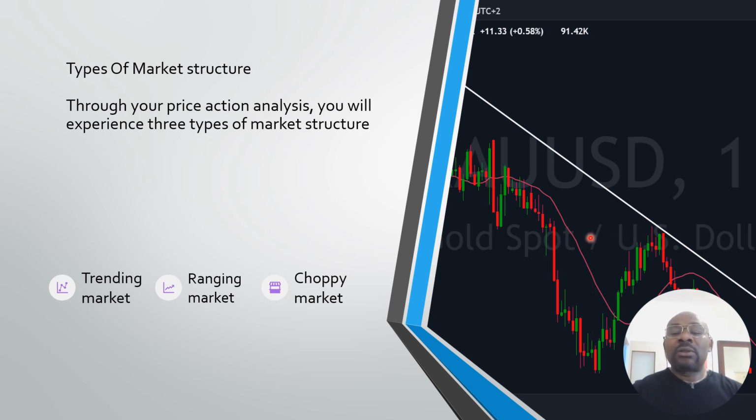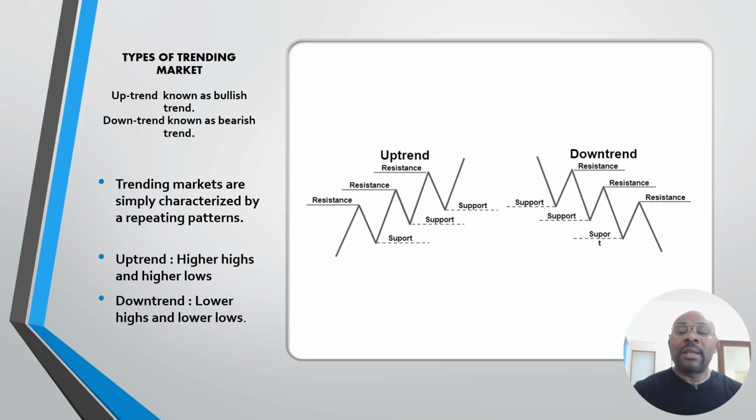It did a pullback to retest this low, then it continues down. So we have trending market, we have ranging market, and we have the choppy market. And trending market is of two types. Now we have the types of trending market. We have the uptrend, known as the bullish trend. We have the downtrend, known as the bearish trend.